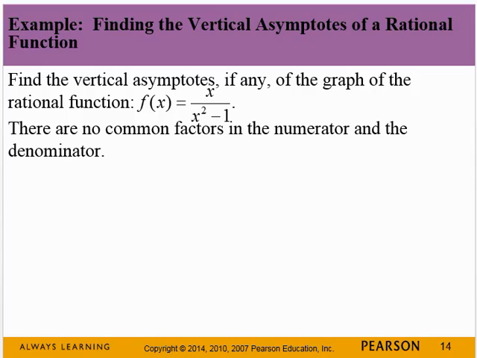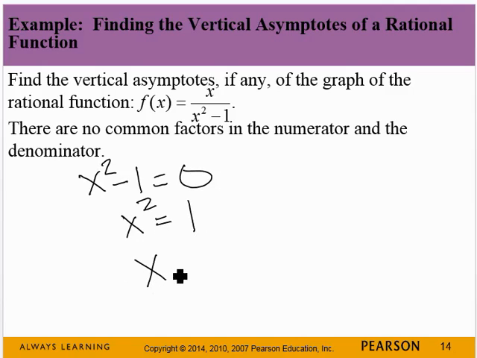So it says find the vertical asymptote of the graph of the rational function f of x equals x over x squared minus 1. So there are no common factors in the numerator and denominator. So now we need to set x squared minus 1 equal to 0. If we were to solve this, this means x would be plus or minus 1.